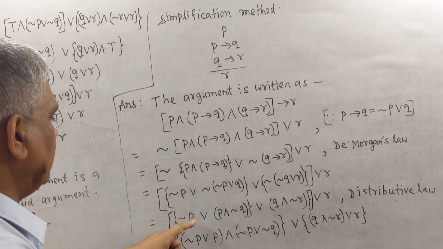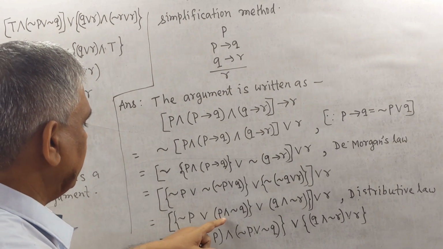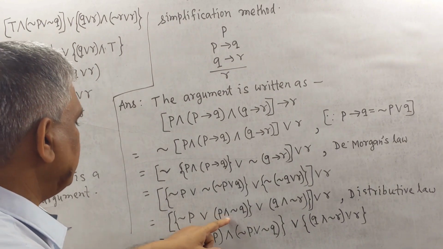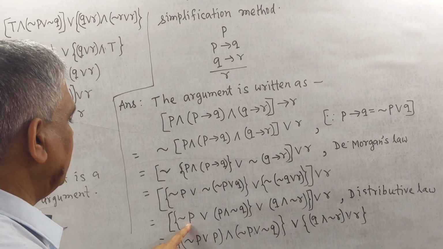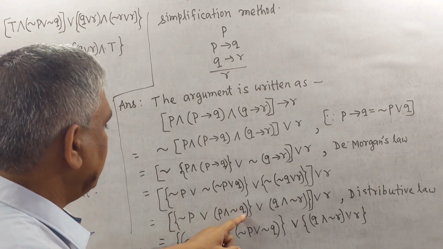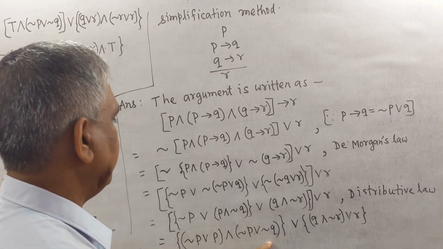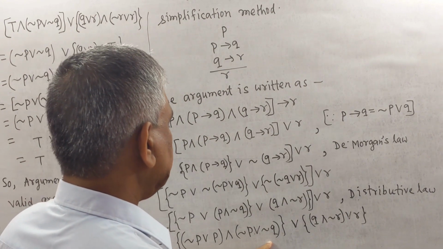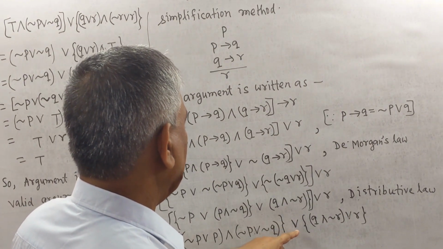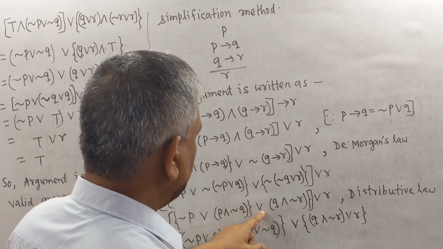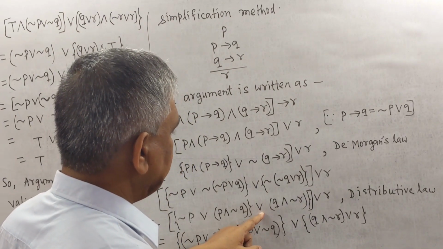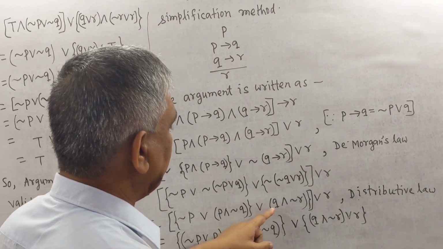Negation P, disjunction P, conjunction negation P, disjunction negation Q. Here we see that disjunction, so associative law.